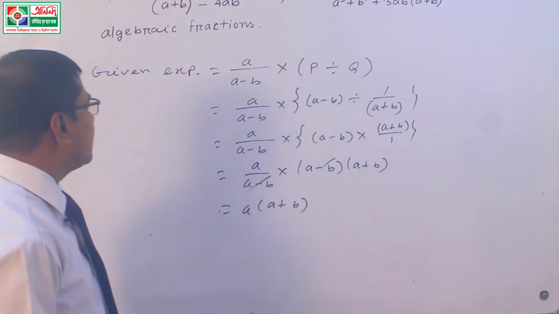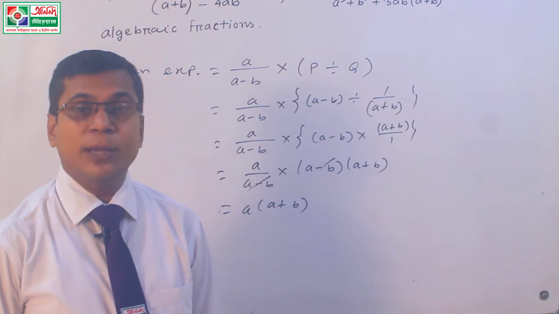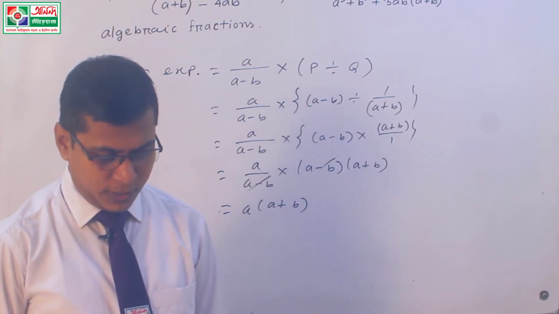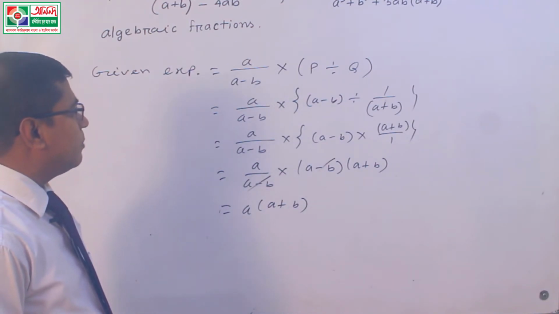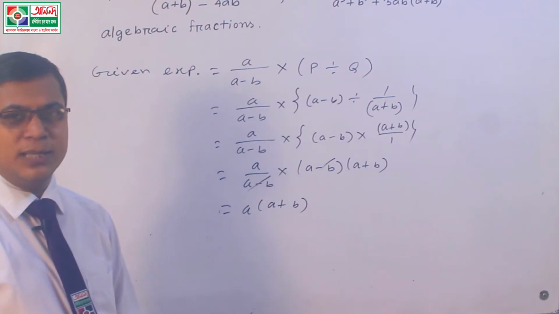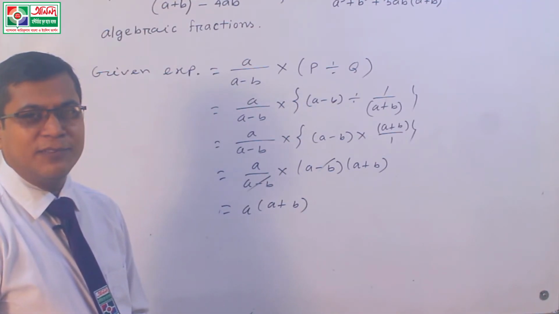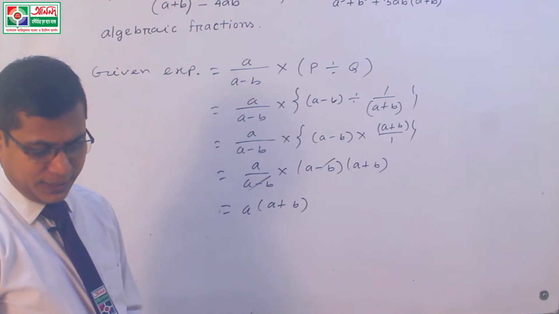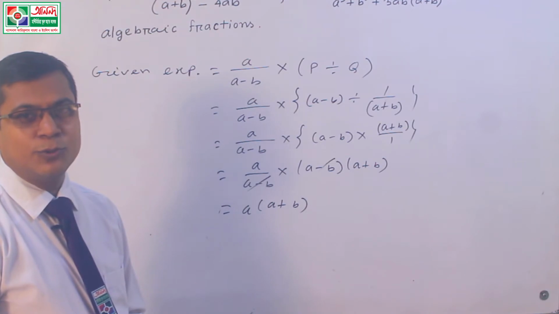Now we will do question number C. In question number C they have said prove that 1 by p minus q into a square minus b square is equal to 2b. Here look at, we have found the value of p and q. The value of p is a minus b and q is 1 by a plus b. If we put the value of p and q in the left hand side and then calculate, we will find the value is 2b.